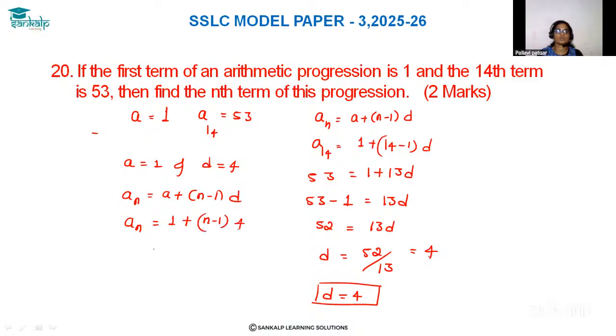So this is equal to 1 plus 4n minus 4, which is equal to 4n minus 3. So this is the nth term of the arithmetic progression: 4n minus 3. Thank you.